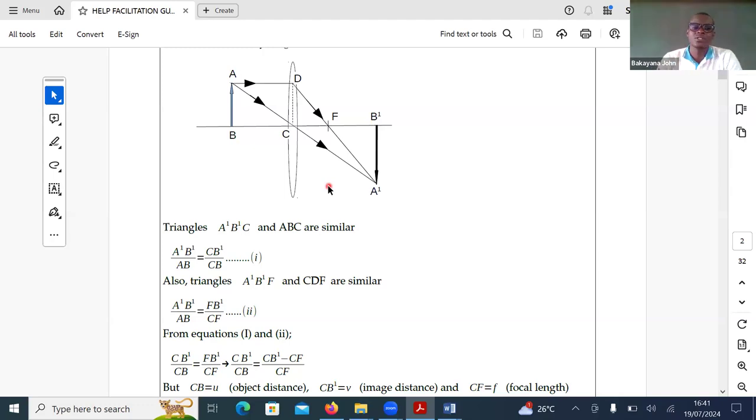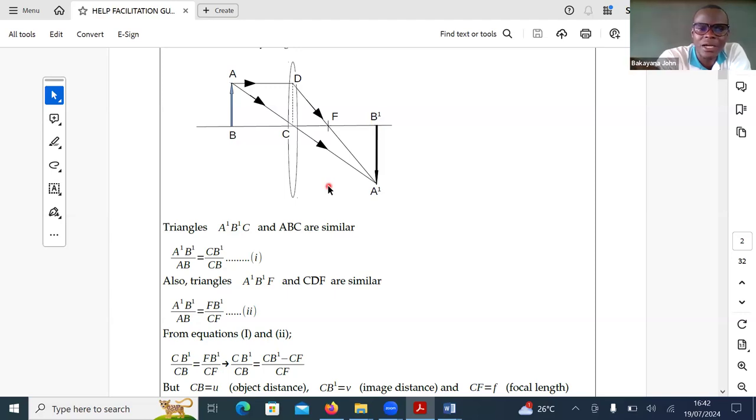These two triangles are also similar, meaning that when I divide A prime B prime by AB, that can be the same as FB prime divided by CF.